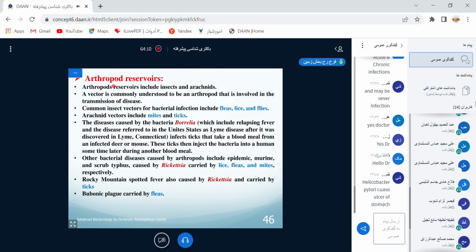After human as reservoir and animal as reservoirs, sometimes arthropods are reservoirs. Arthropod reservoirs include insects and arachnids.